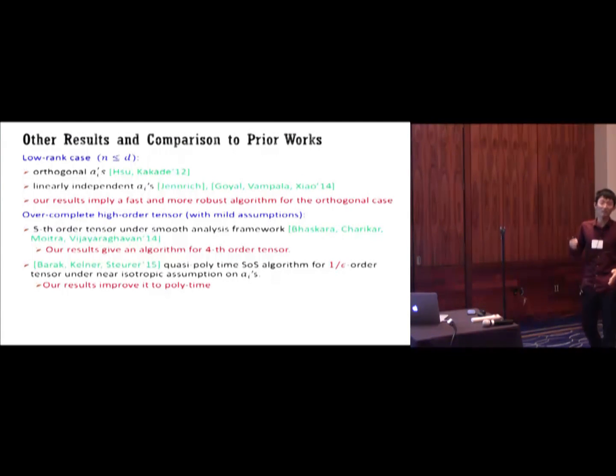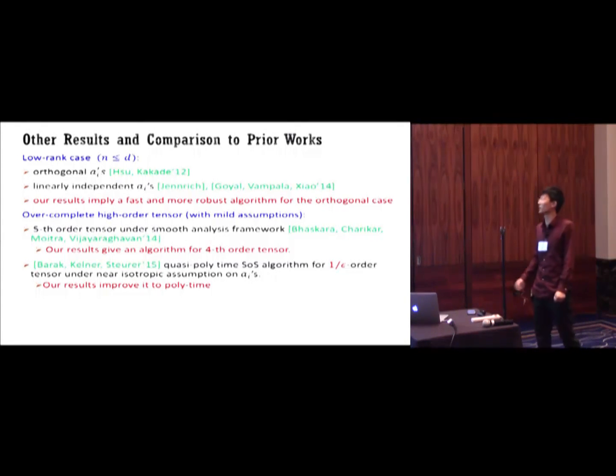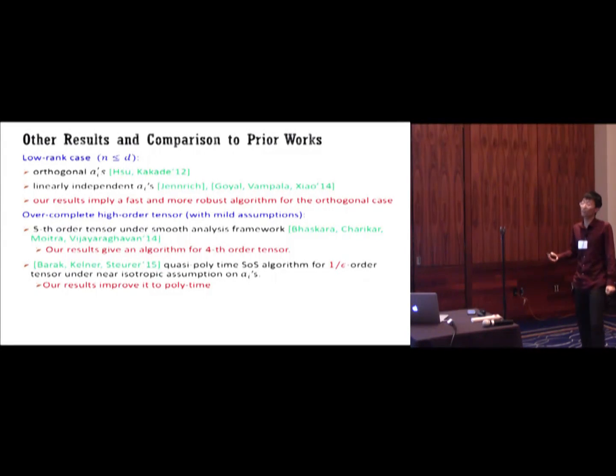It turns out for higher order tensors, the problem becomes slightly easier. Bhaskara et al. had a polynomial time algorithm for over-complete 5th order tensors under the smoothed analysis framework. And our results give an algorithm for 4th order tensors, which is slightly more preferable because in applications people want lower order tensors for both sample complexity and runtime.